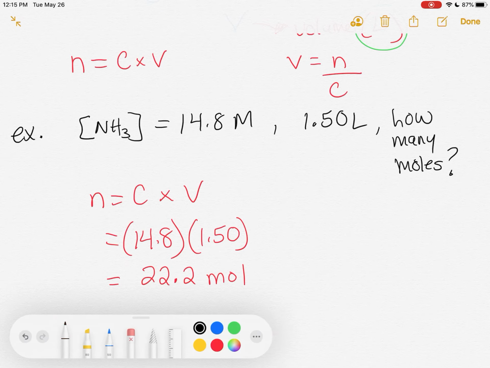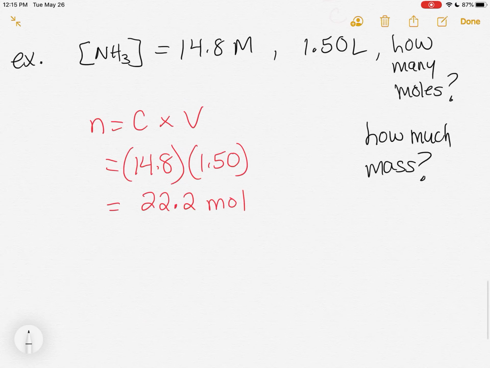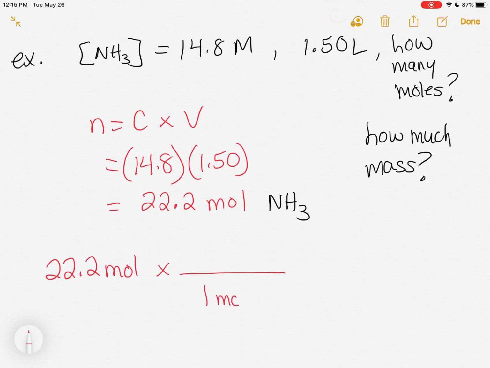Okay, and so you see how we can keep rearranging this equation depending on what we have and what we want. Now, if I then asked you for the same problem, how much mass is that? Now we know that we have 22.2 moles of NH3, and we can convert that into a mass. So our 22.2 moles of NH3, if we want to convert that to a mass, we use our molar mass calculation.